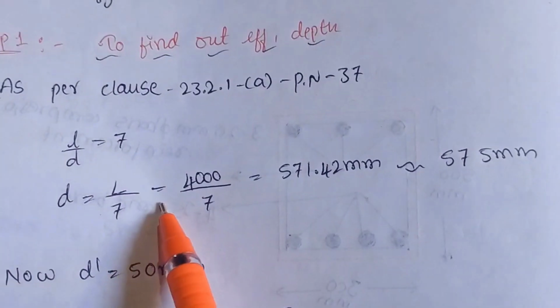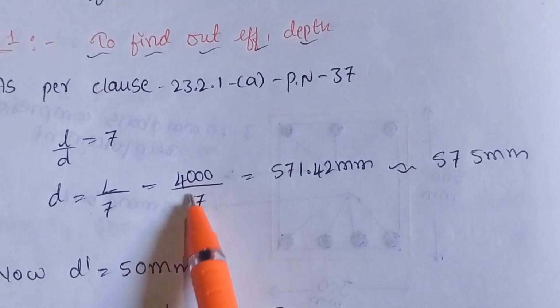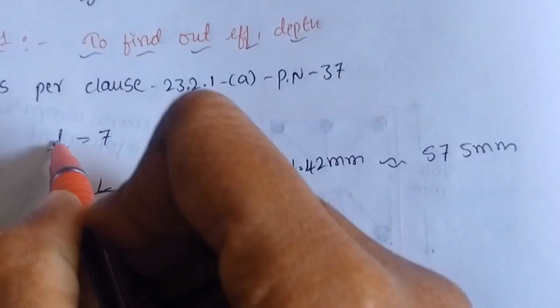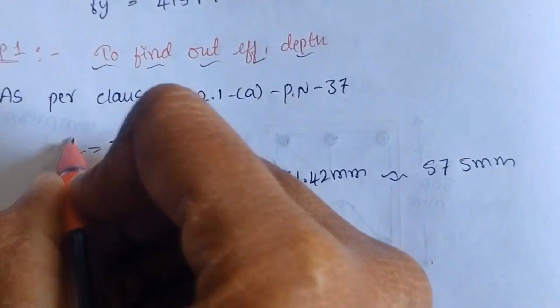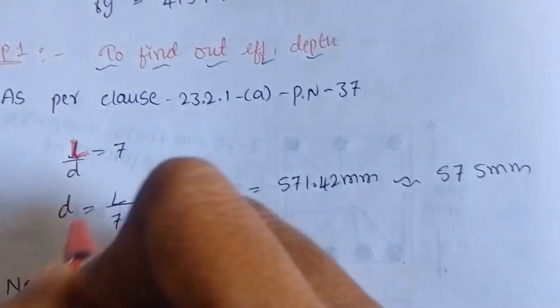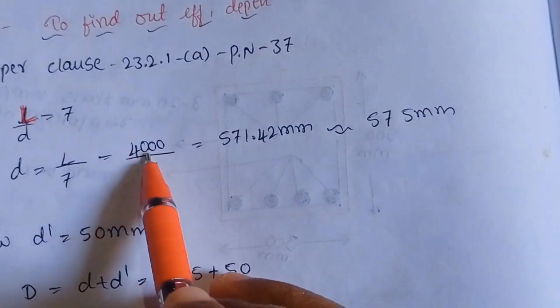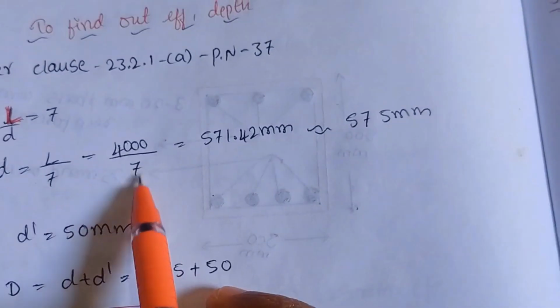L we have is 4 meter, which is nothing but 4000 mm. This is capital L, they have given the effective span. So capital L divided by D, our effective span is 4 meter, 4 meter is nothing but 4000 mm, divided by 7.